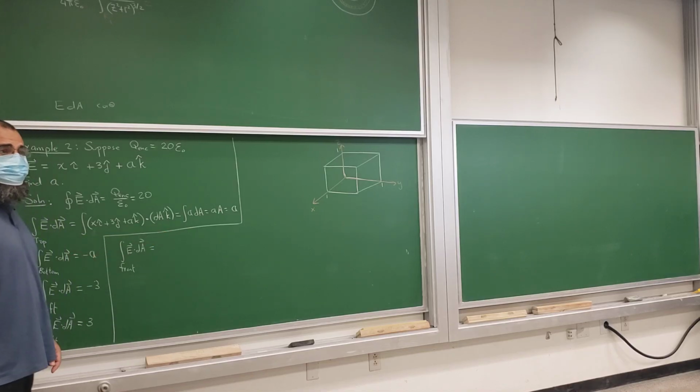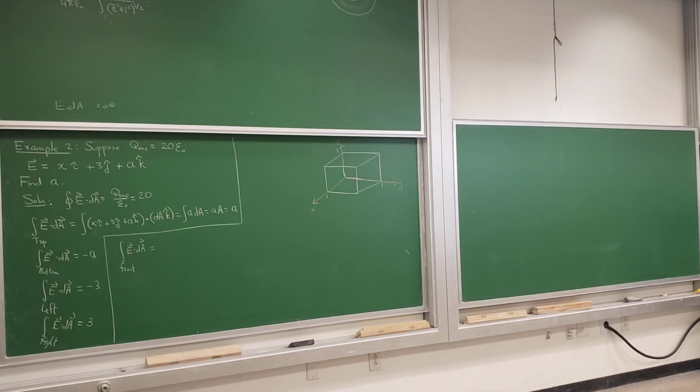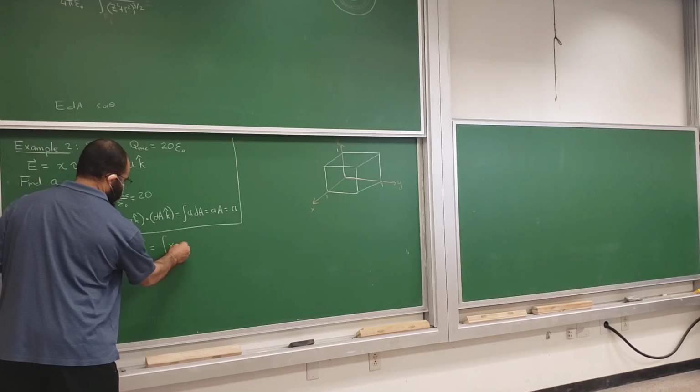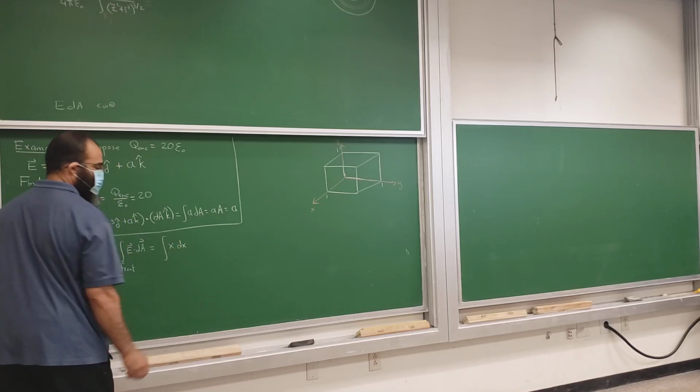What's the dot product? It's x. Just x. Are we okay with that? It's going to be x times dA.